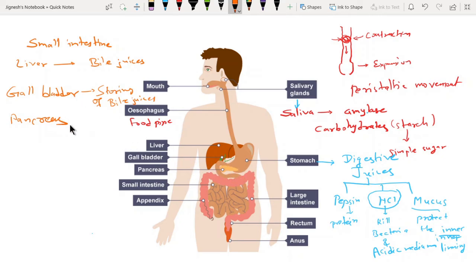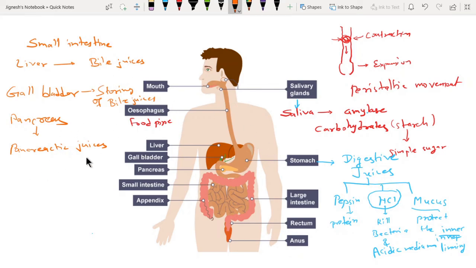And the pancreas releases pancreatic juice. Let's see first what bile juice can do. As we know, there is a lot of HCl in the stomach, so the food coming from the stomach is acidic in nature.